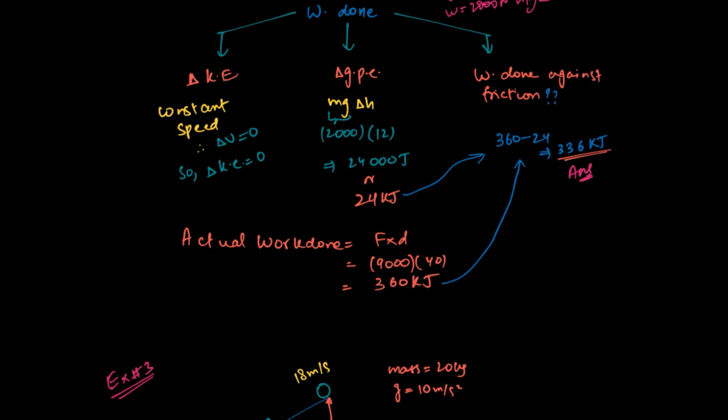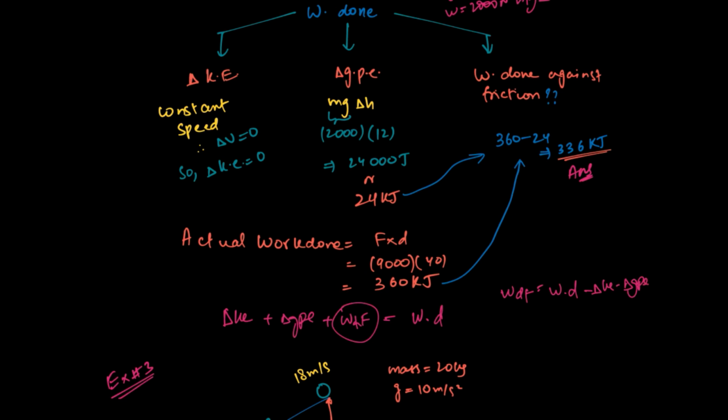And my formula could be framed like this. We knew that delta KE plus delta GPE plus work done against friction equals total work done. To find the work done against friction, we can rearrange the formula: work done against friction equals the total work done minus change in kinetic energy minus change in GPE.